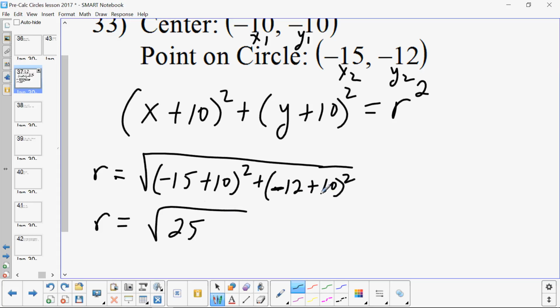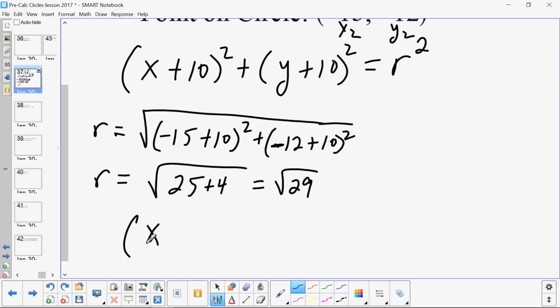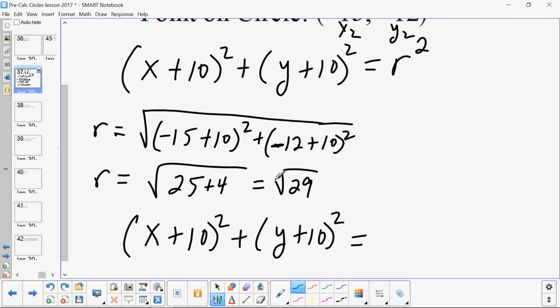This would be 2 squared, right? So that's 4. So r is the square root of 29. So your final equation would be x plus 10 squared plus y plus 10 squared equals square root of 29 squared, which is 29. And there you have it.